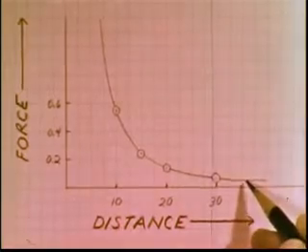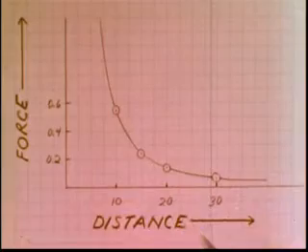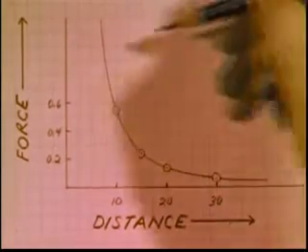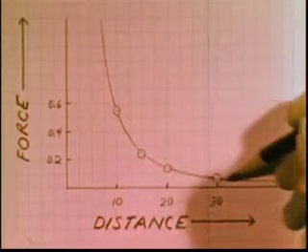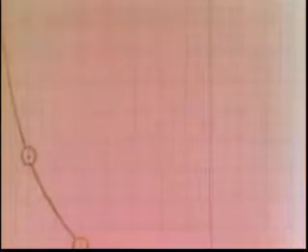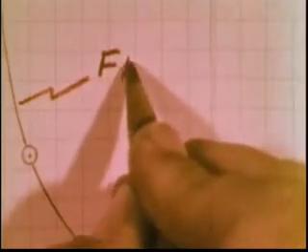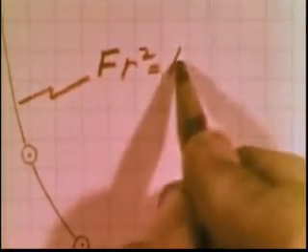Data for other distances will give additional points lying on the curve. As the distance of separation between charges increases, the force decreases. The equation for a curve of this type is F times R squared equals K, a constant.